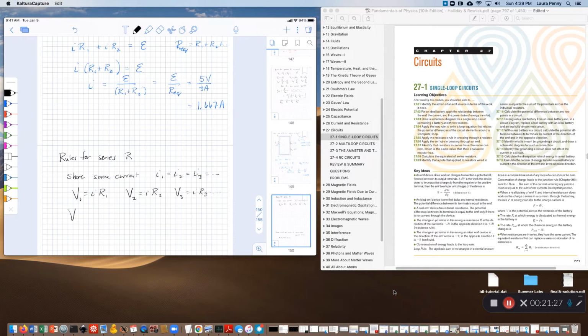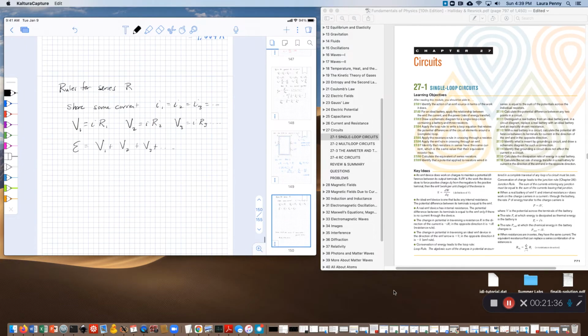The EMF is the sum of all the voltage drops. But that's also equal to the current multiplied by all the resistances, or the current times the equivalent resistance, where the equivalent resistance, again, is the sum of all the resistors.